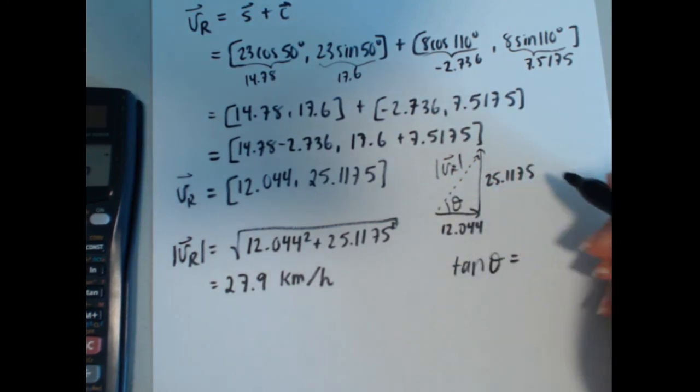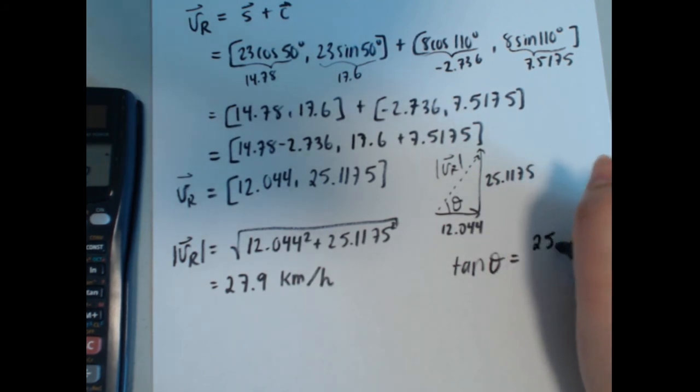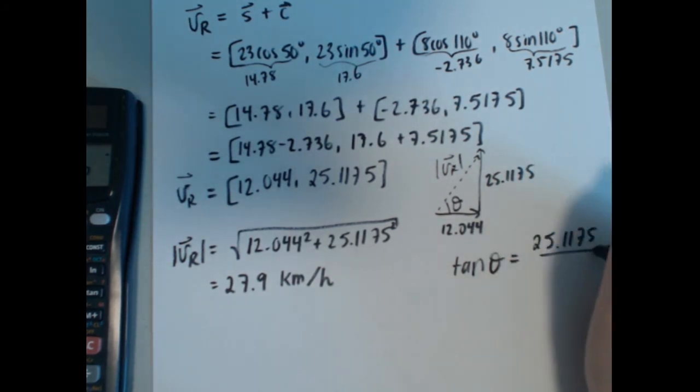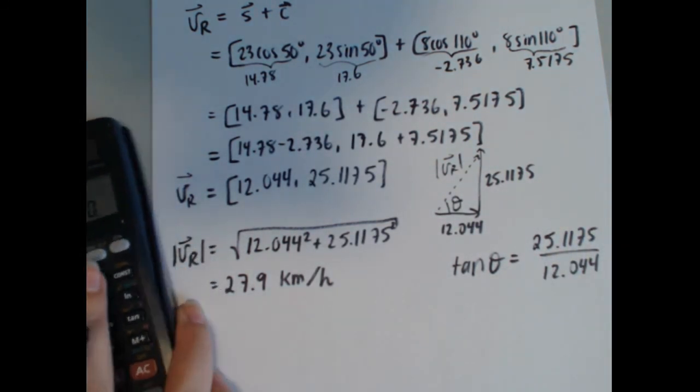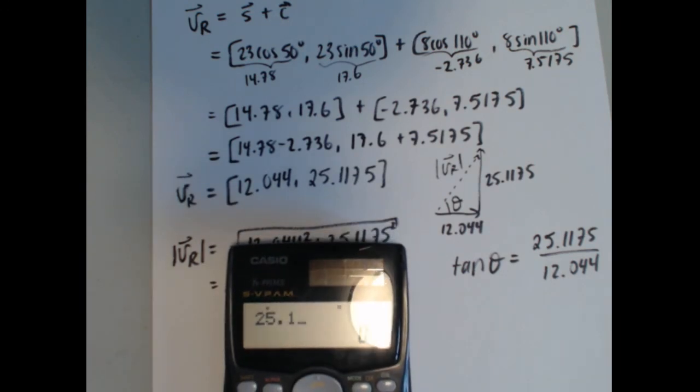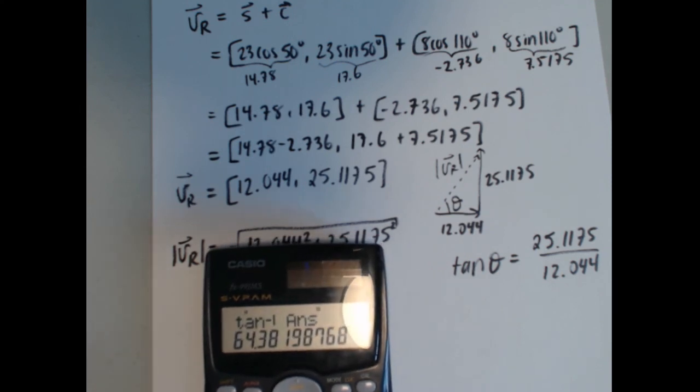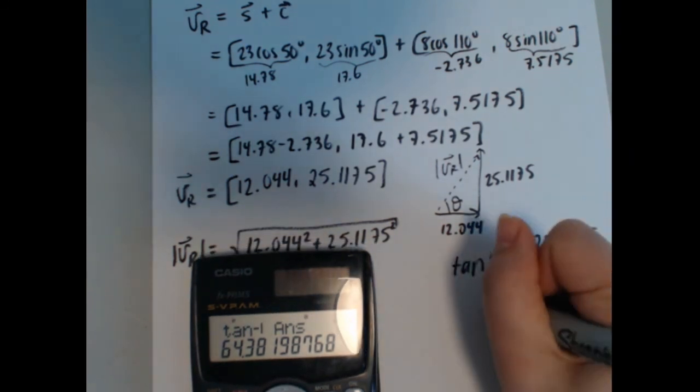So tan theta is opposite over adjacent, so 25.1175 divided by 12.044. Okay, so grabbing our calculator, 25.1175 divided by 12.044. Taking the inverse tangent of that, and we get 64.4 degrees approximately.